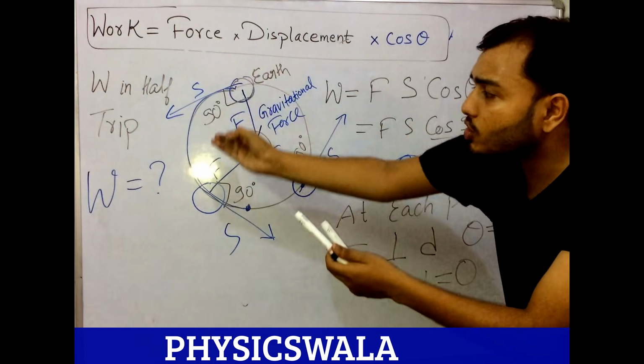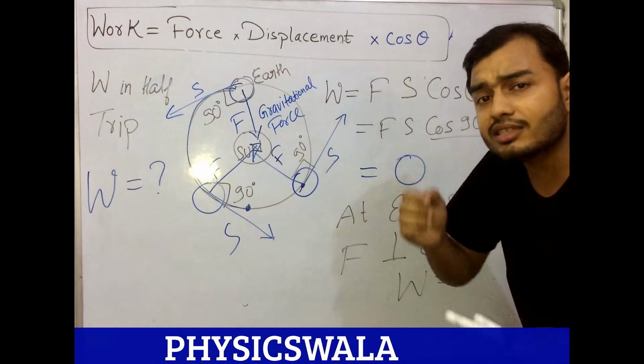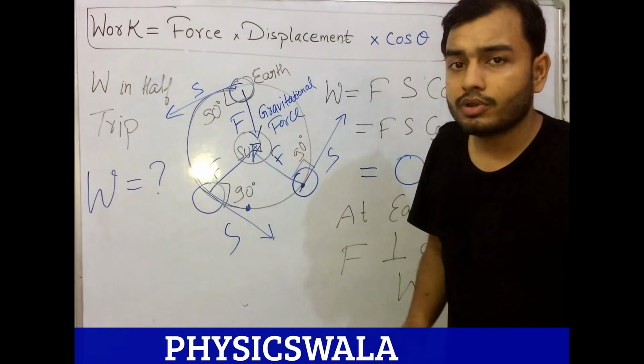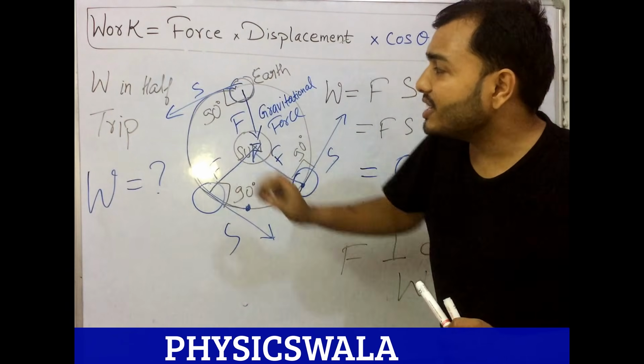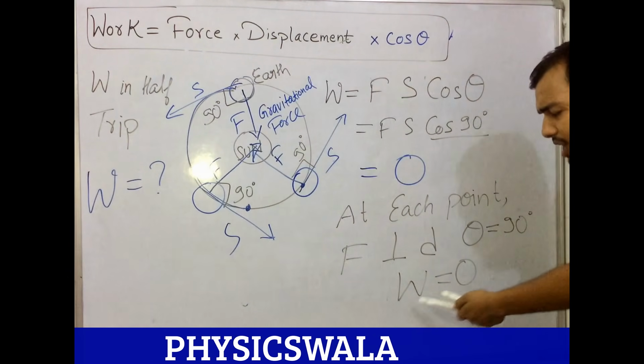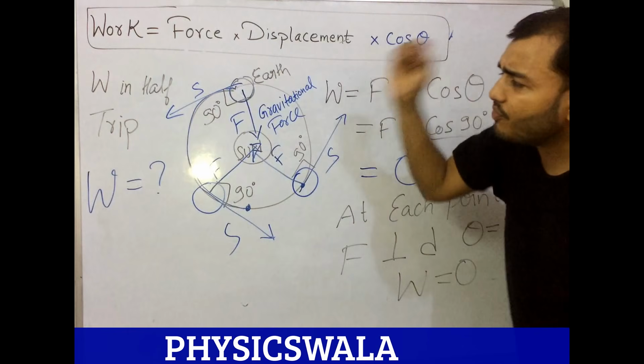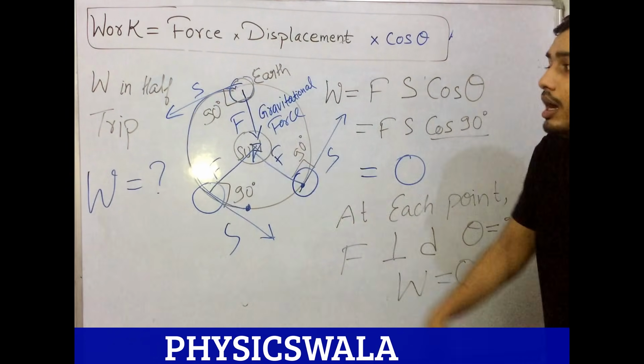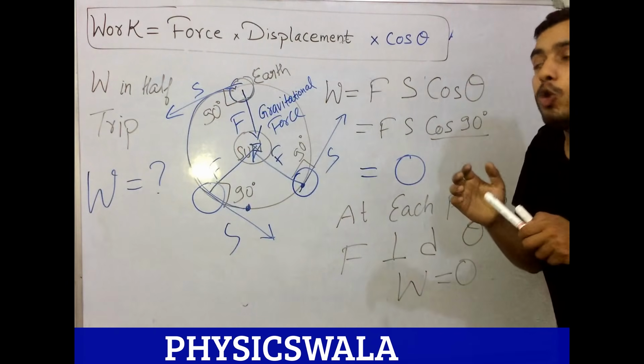At every point on the path, the work done is 0. Suppose I ask you, in a quarter trip, what is the work done? The answer will be 0, because at every point the displacement and force are perpendicular.